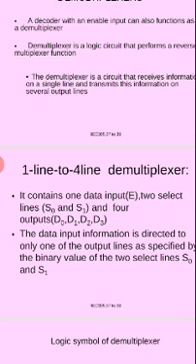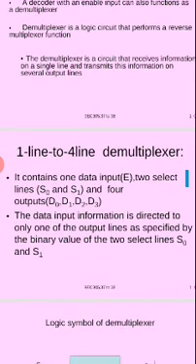The data input information is directed to only one of the output lines as specified by the binary value of the two select lines S0 and S1.